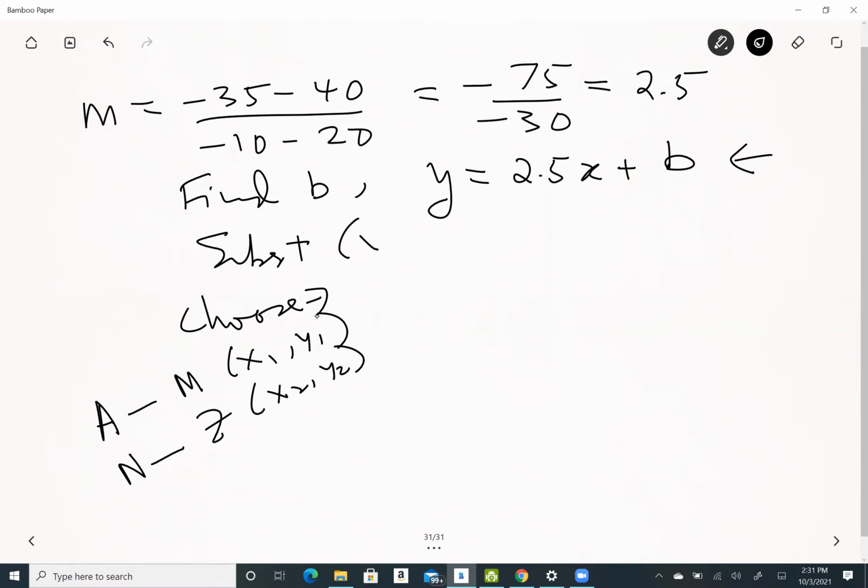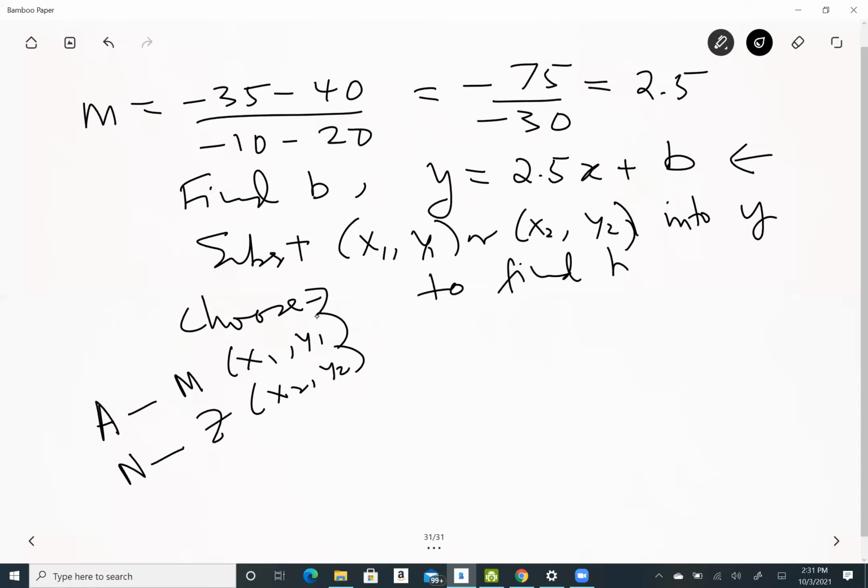So you substitute x1, y1 or x2, y2 into the equation to find b. Okay, now if you choose x1, y1, what do you get for the value of b? Negative 10. Or if you choose x2, y2, negative 10. Actually you should get the same value, you know? You should get the same value.